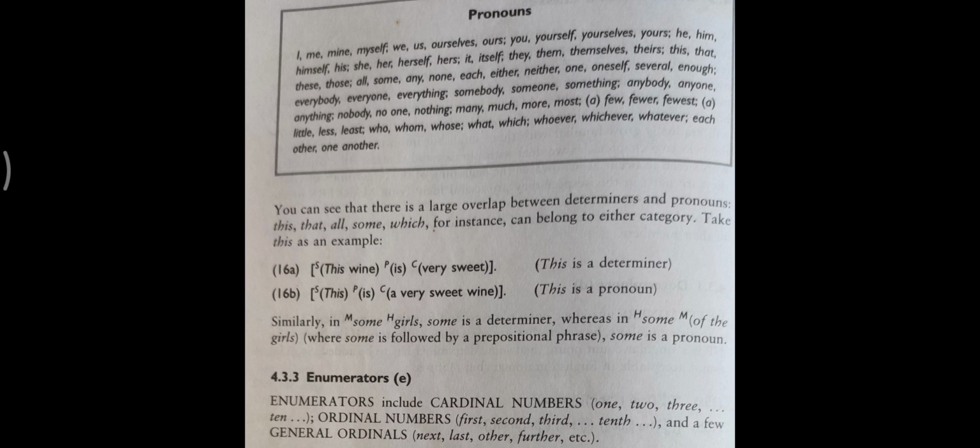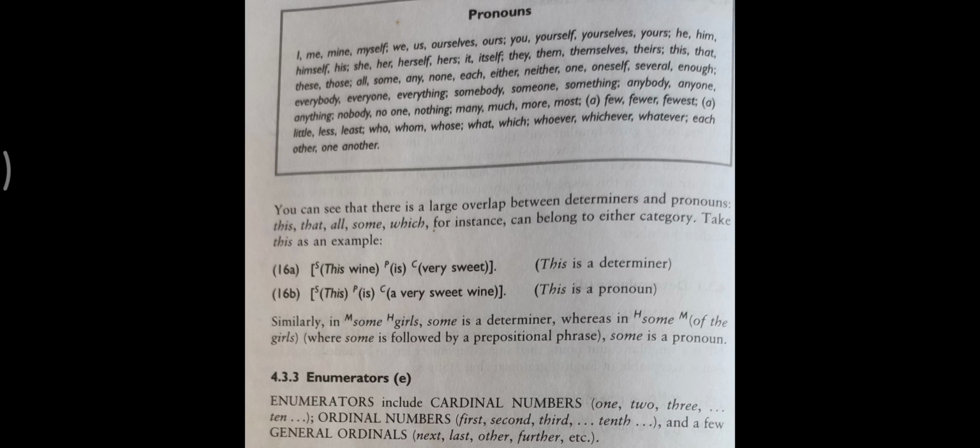Another variety that we see is these, those, all, some, any, none, each, either, neither, one, oneself, several, enough, everybody, everyone, everything, somebody, someone, something, anybody, anyone, anything, nobody, no one, nothing, many, much, more.